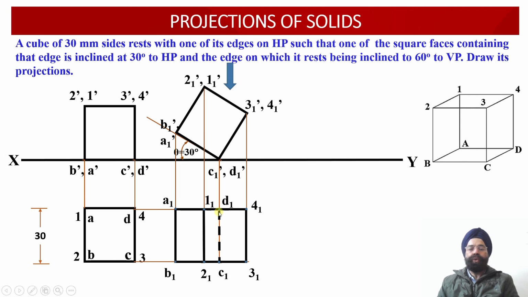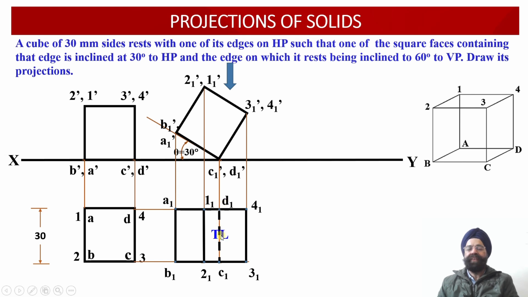Now, in these top view projections, we know that this edge C1, D1 is the edge onto which the solid or the cube is resting onto the horizontal plane. So there is no reduction in this edge. So C1, D1 is still appearing to us as a true length over here.